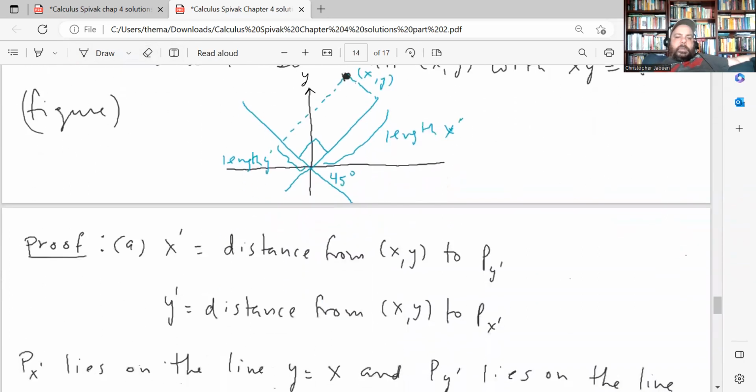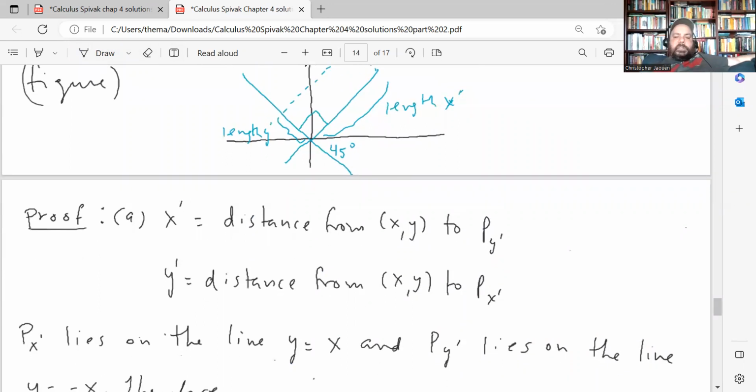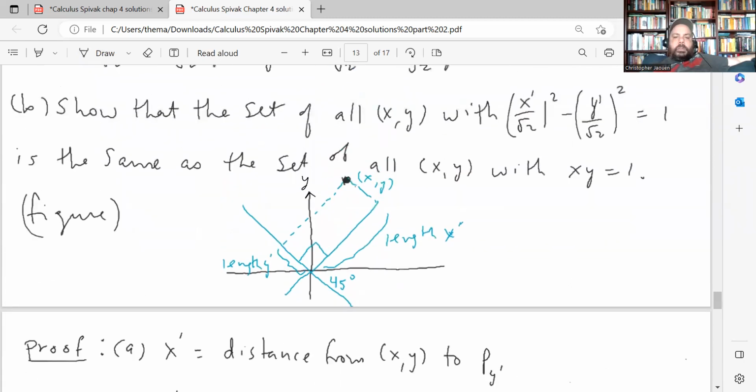Okay, so here I'm just making some definitions. x prime is the distance from (x, y) to Py, and y prime is the distance from (x, y) to Px, right? In other words, the length of y prime is actually the distance of this point to this line.